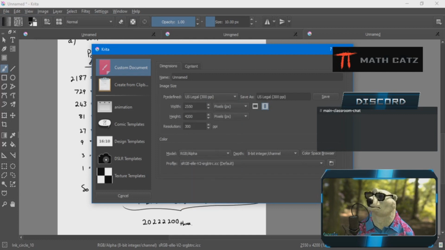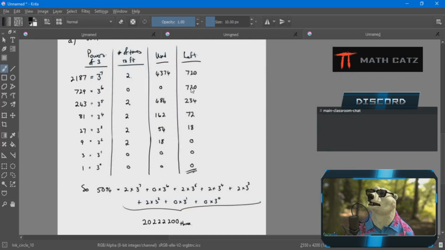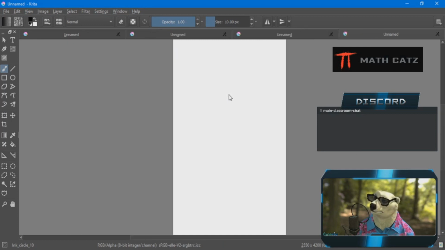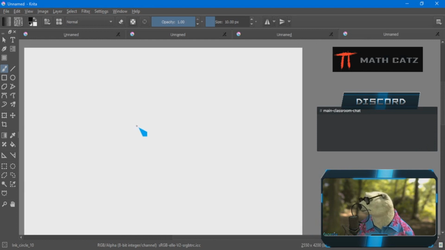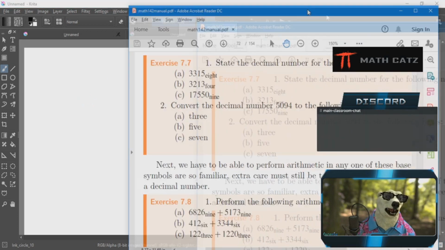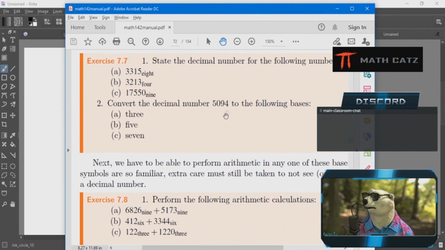But of course, there's a ton of similarity between these and the base 5 stuff we've done. I just now need to be extremely aware of what base value I'm working in.